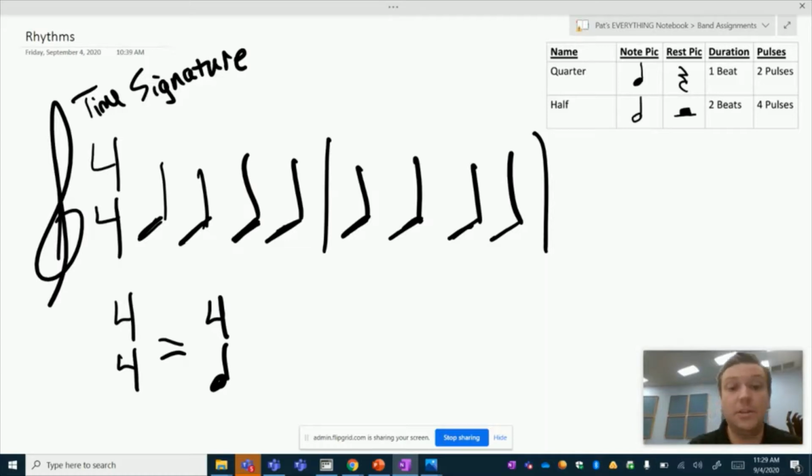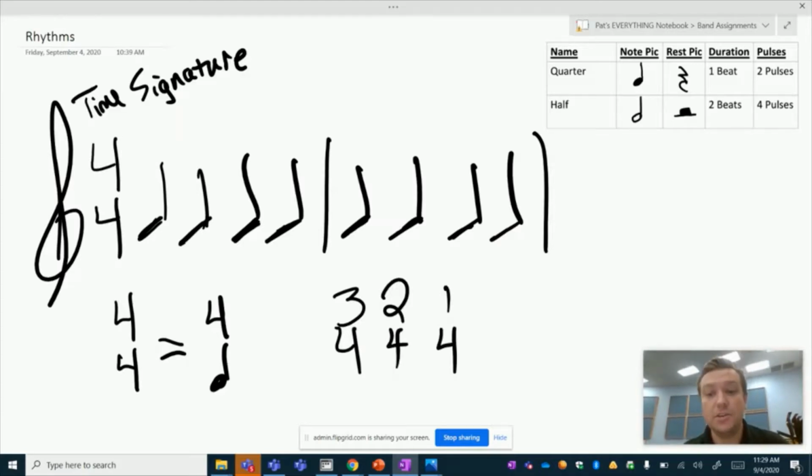There's different time signatures. There's a 3/4 time signature. That would mean 3 beats per measure. The quarter note gets the beat. There's 2/4 time signature. You could have 1/4 time signature. You could have 7,836/4 time signature. That would mean there are 7,836 beats in the measure, and the quarter note gets the beat.